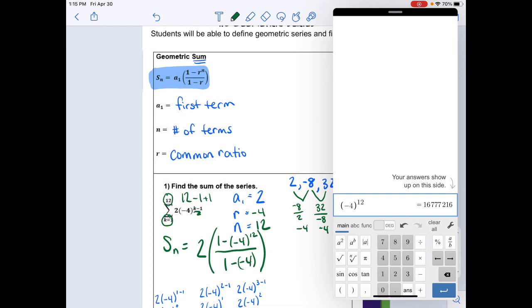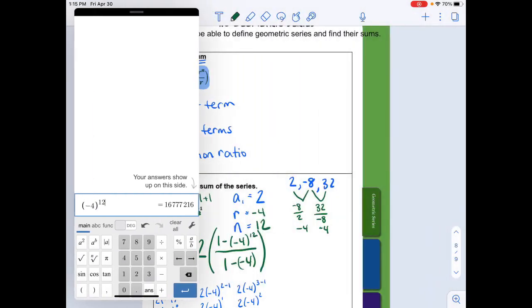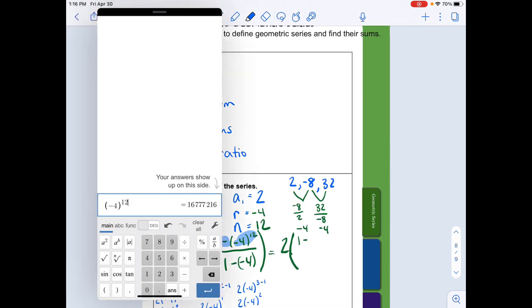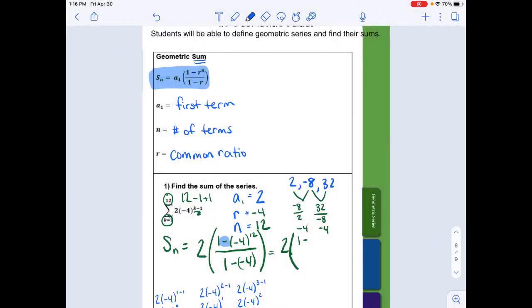We end up getting a very large number. That is okay. So we have 2 times, all times, 1 minus, because we still have this negative here. The negative 4 to the 12th did become positive, as you can see on the calculator.